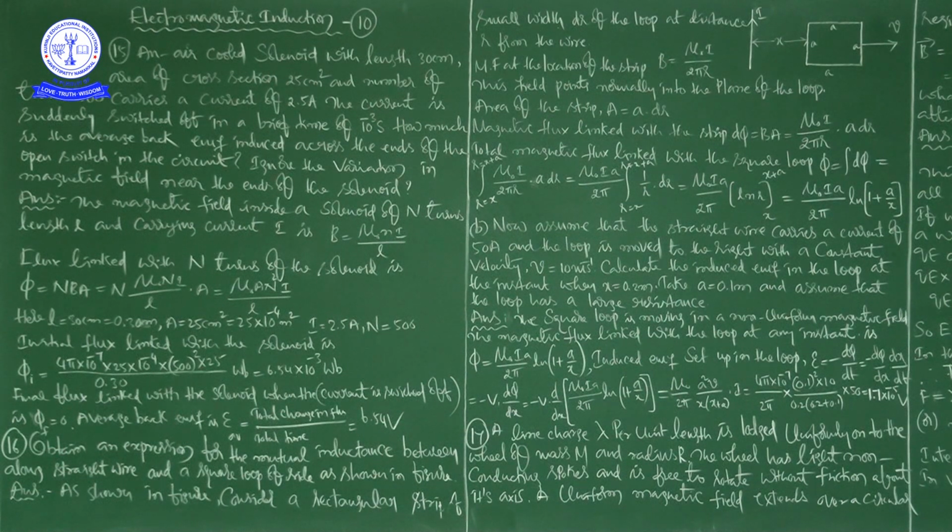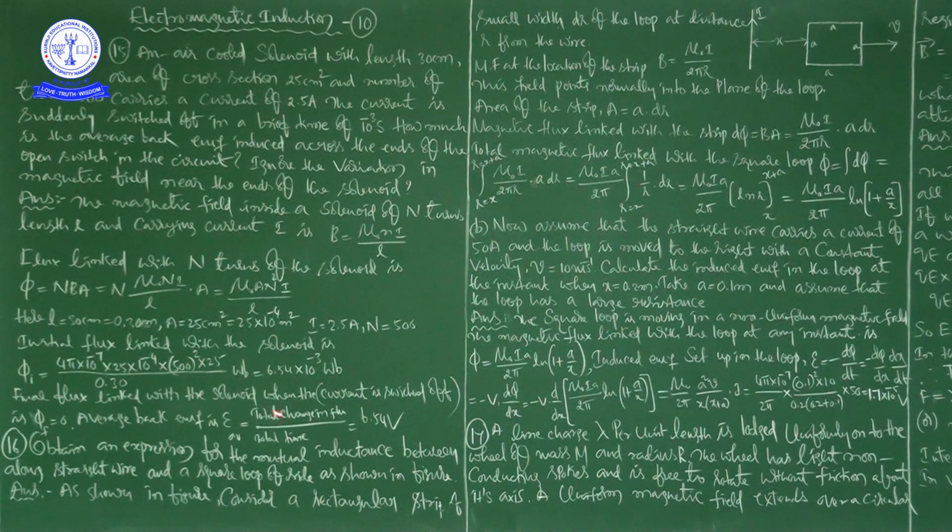Now, the average back EMF that is asked: how much is the average back EMF induced across the ends of the open switch in the circuit? Average back EMF, epsilon average, is equal to total change in flux divided by total time. The total change in flux is this value minus 0.